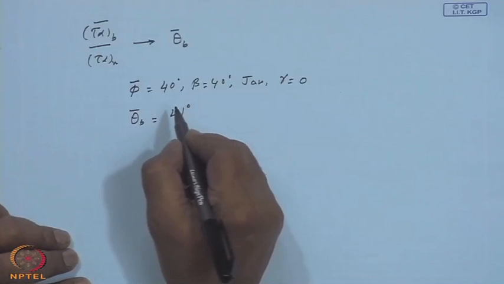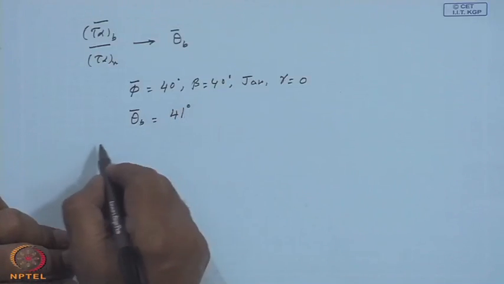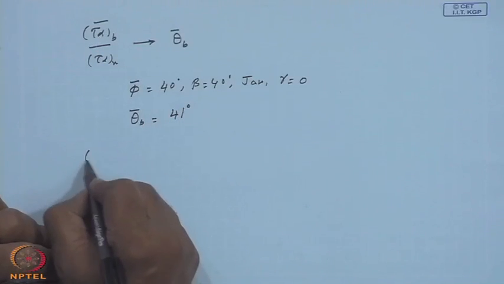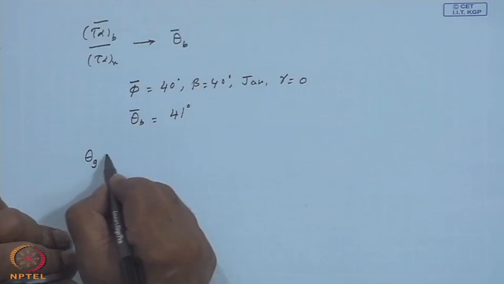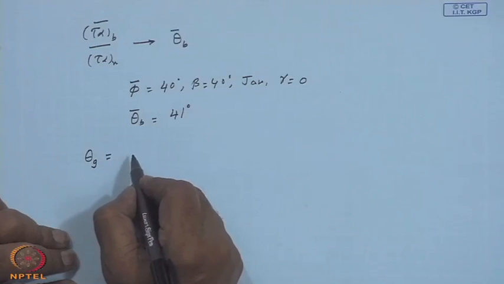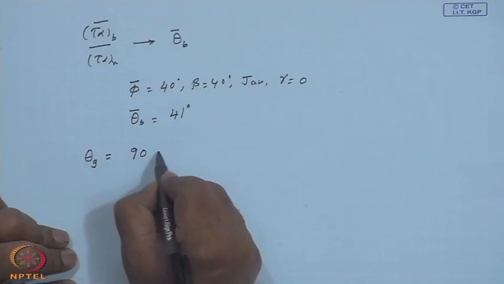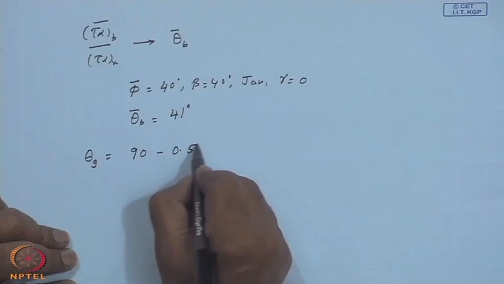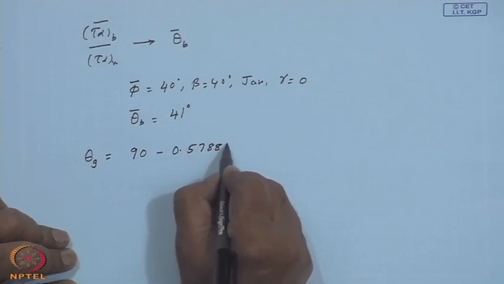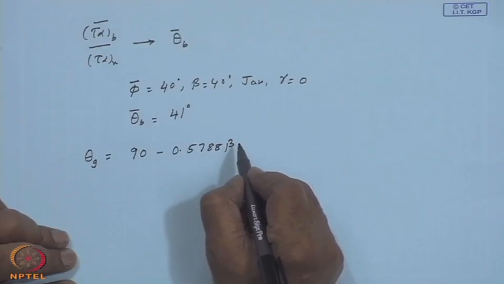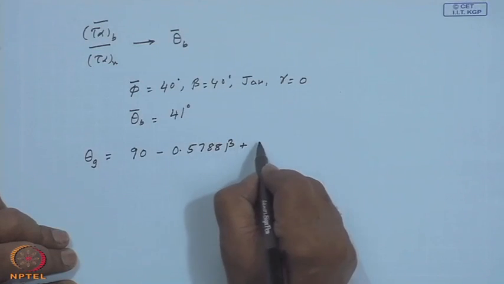This is approximate, because I had it from the charts, and the effective angle of incidence for the ground reflected radiation theta g is from the Brandemuehl and Beckman correlation 90 minus 0.5788. All these relations are there in your earlier lectures.